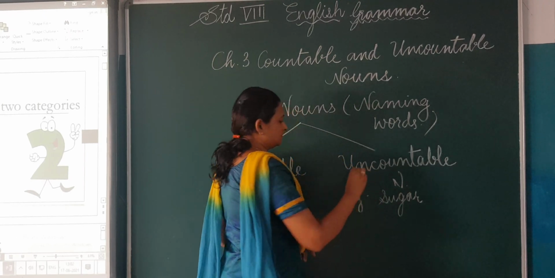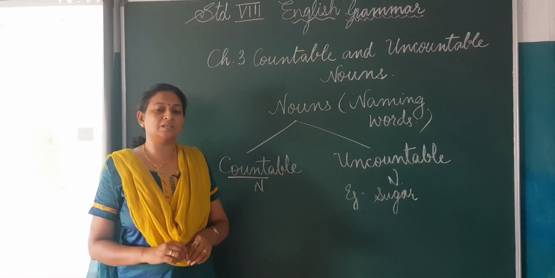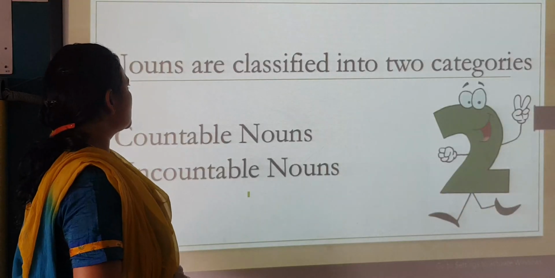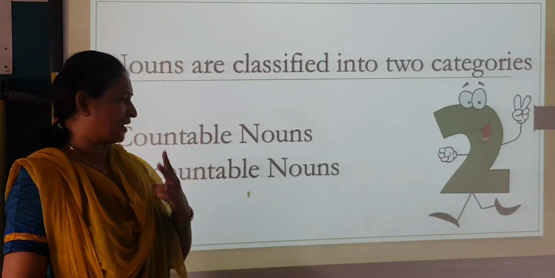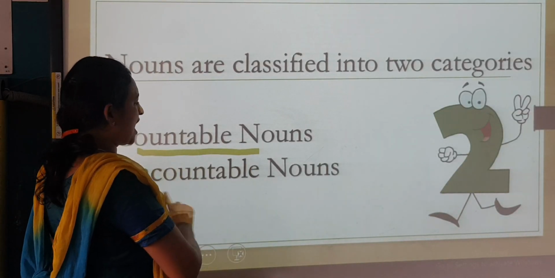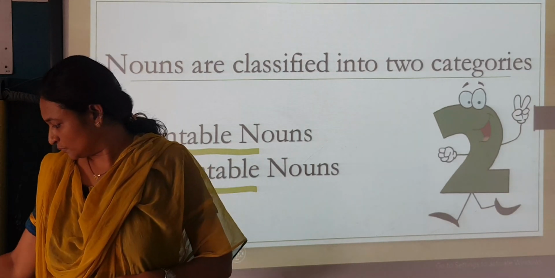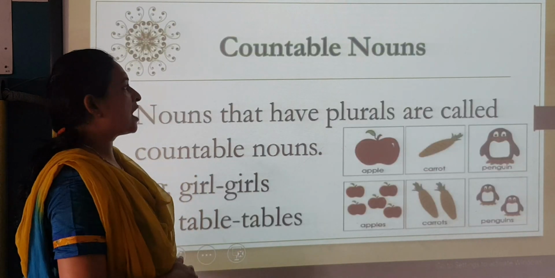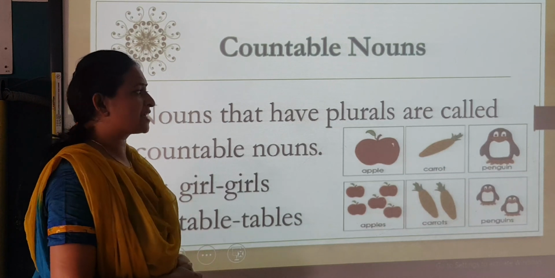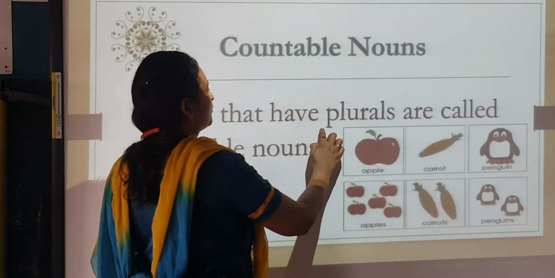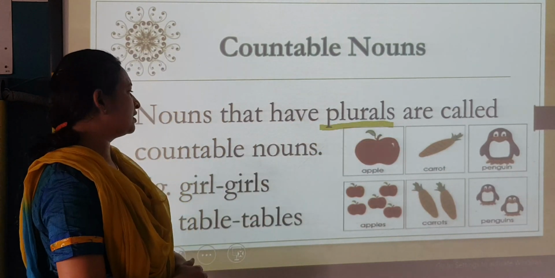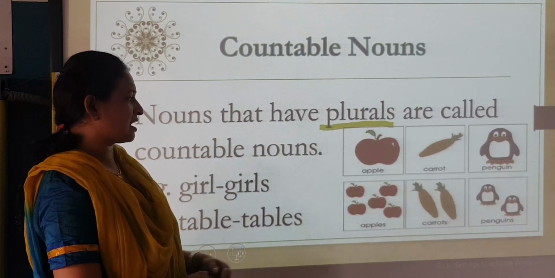Now let's learn countable and uncountable in detail. Nouns are classified into two categories, that is countable and uncountable nouns. Countable nouns: nouns that have plurals, as I have told before also, are called countable nouns. Here you can see some examples.